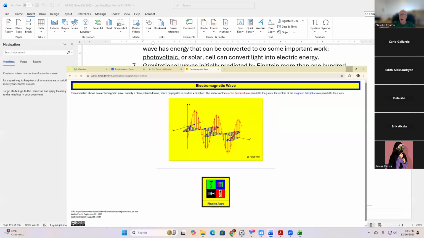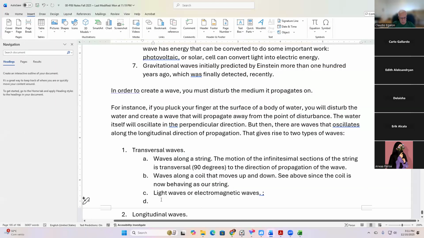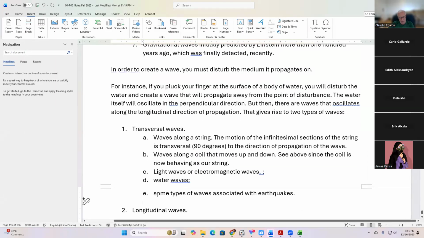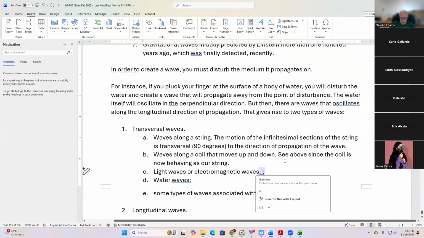I can give you two more examples. They're not all of them, right? But water waves are transverse waves. Light waves are electromagnetic waves.